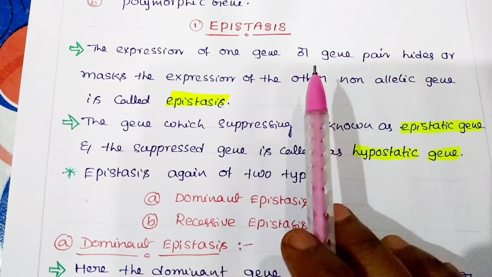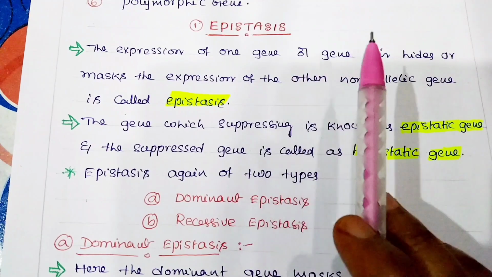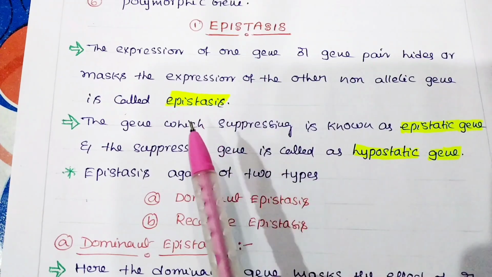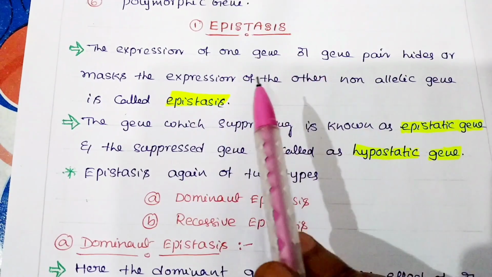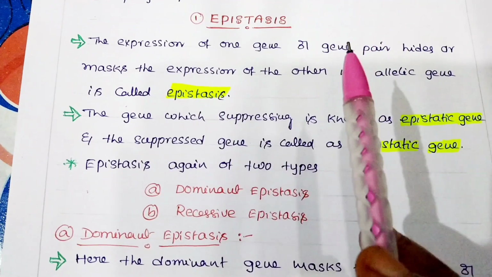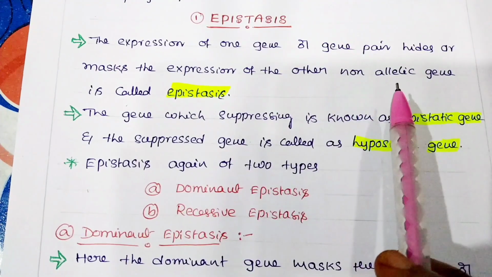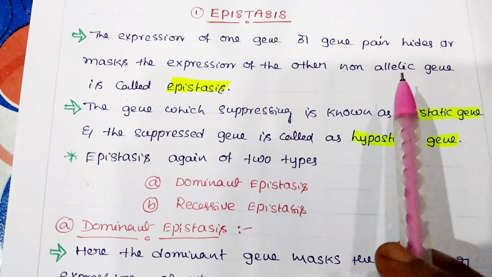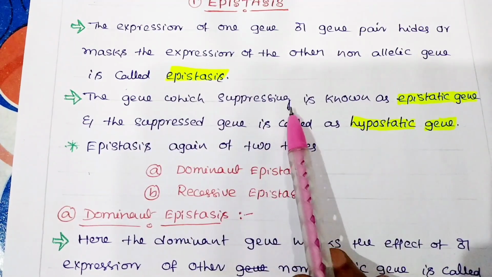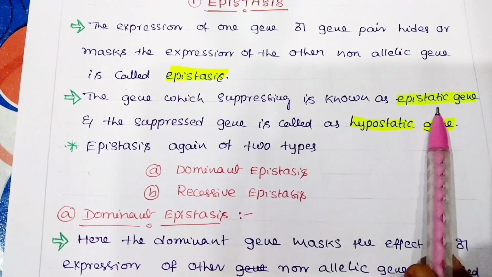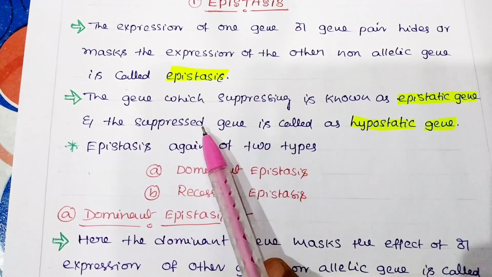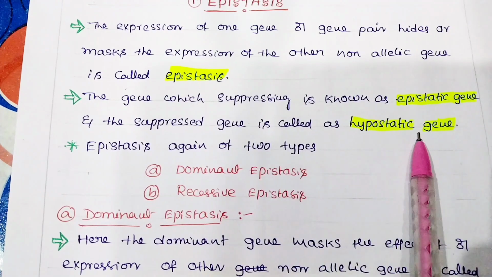When one gene masks or hides the expression of another, non-allelic gene, that is epistasis. Remember, the gene which suppresses the other gene is the epistatic gene. The suppressed gene is called the hypostatic gene.